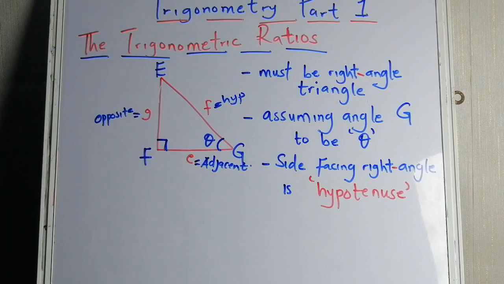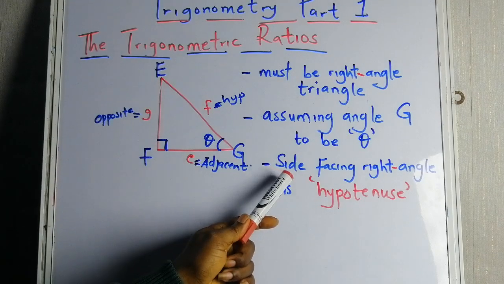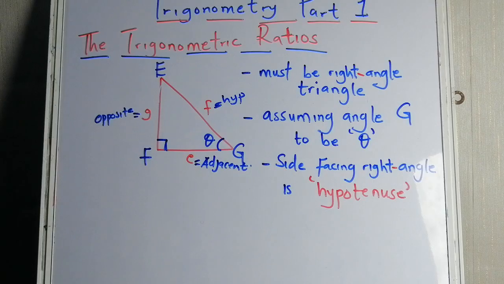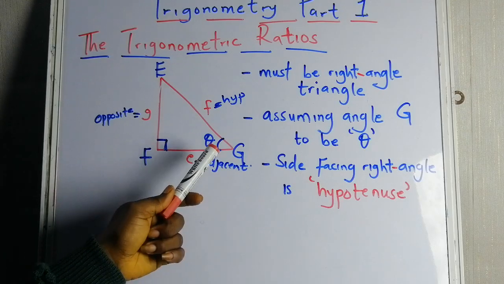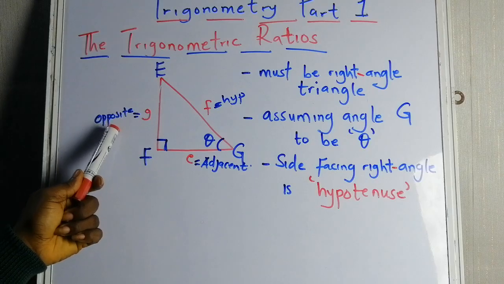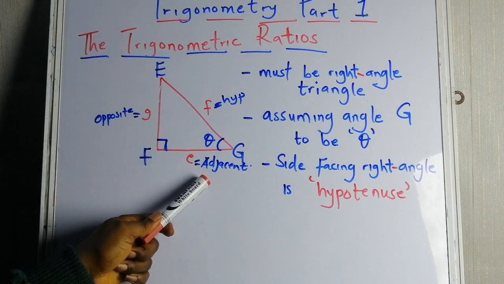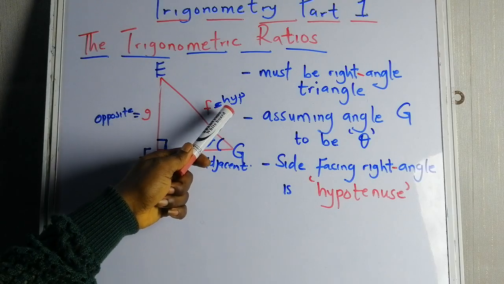Very, very simple. I had to come and introduce it here because young minds, students, misplace all those things, like opposite, adjacent, where is the hypotenuse. The longest line is what we call the hypotenuse, and it's facing the right angle. Where the angle is facing is the opposite, while the last one is the adjacent.